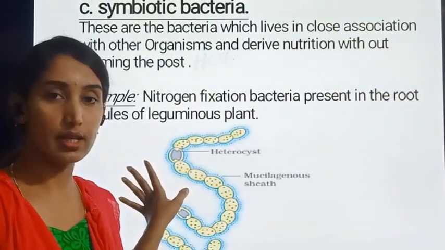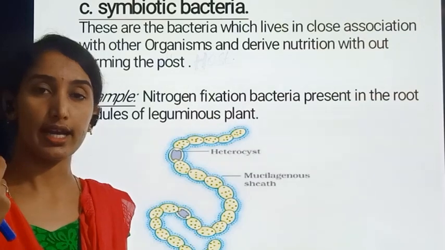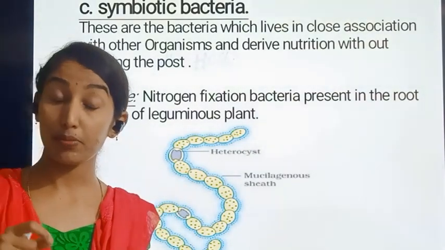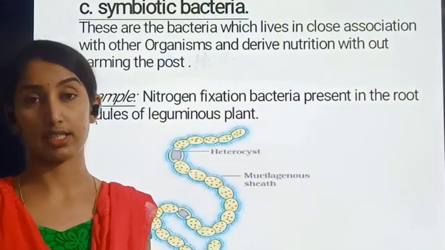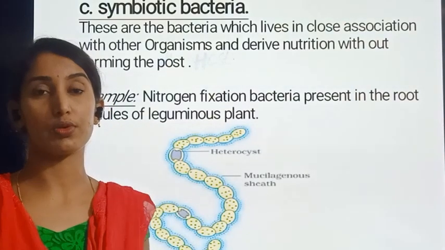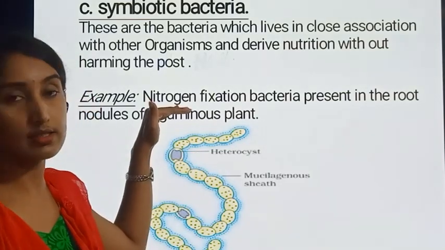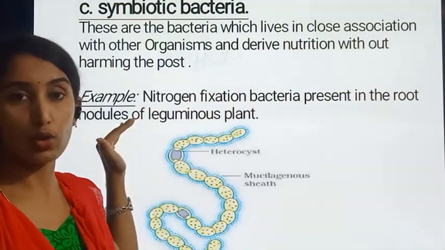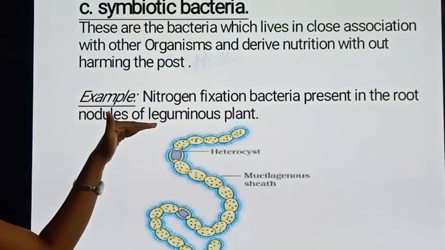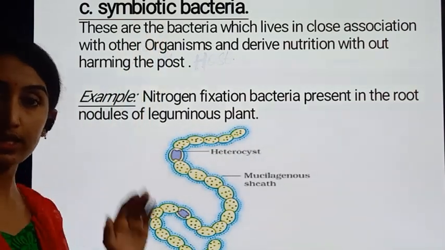It fixes atmospheric nitrogen in the root nodules, and that nitrogen is utilized by the plant. In the meantime, the bacteria derive their nutrition from the root nodules of the leguminous plants. This is about symbiotic bacteria.